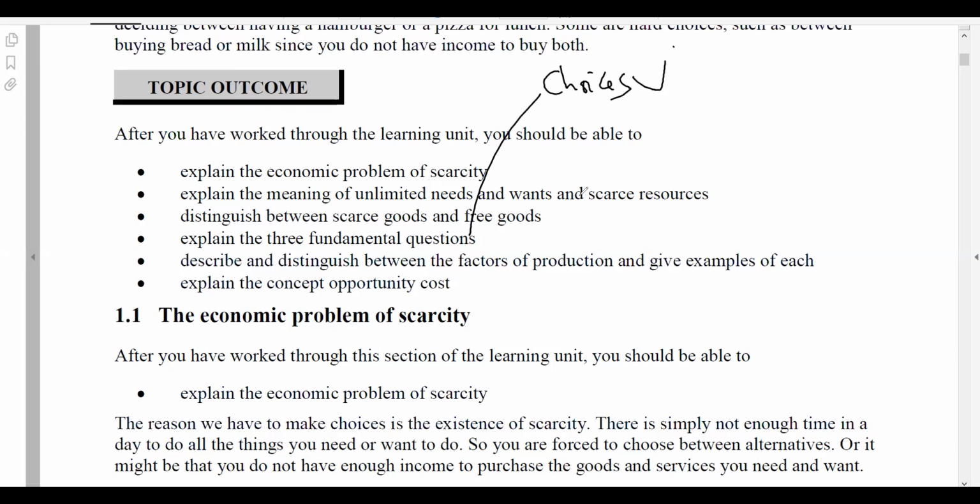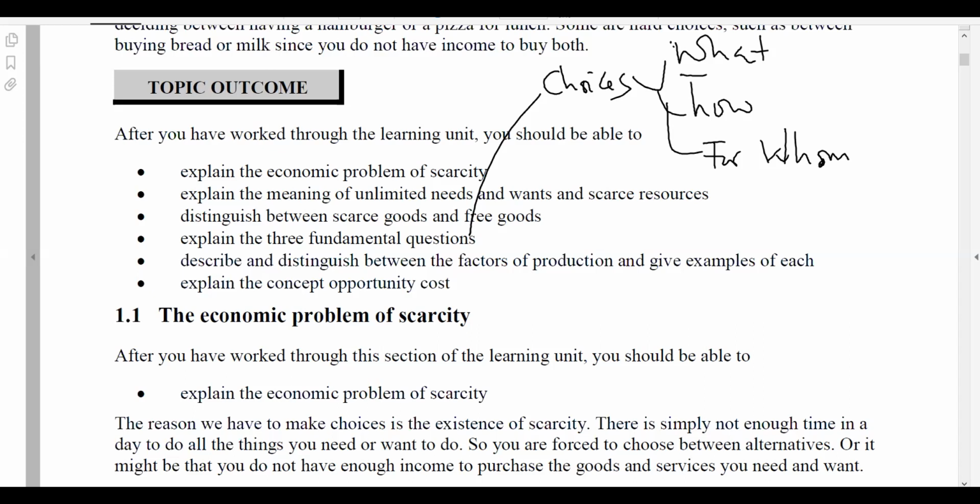The 3 W's, right? The first one is what to produce, how to produce, and for whom to produce that good. So these are the 3 W's.